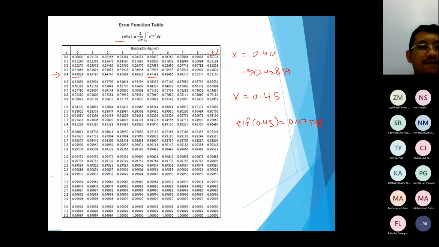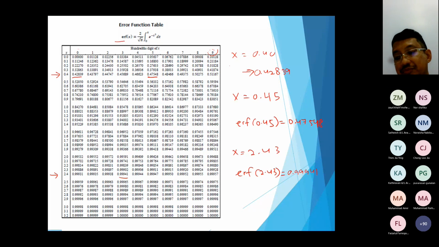And for example, if X is equal to 2.43, then the error function ERF of 2.43 is equal to 0.99941, and so on. So this is how we read the table.